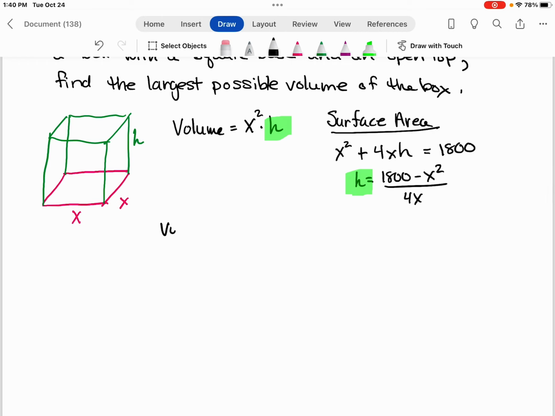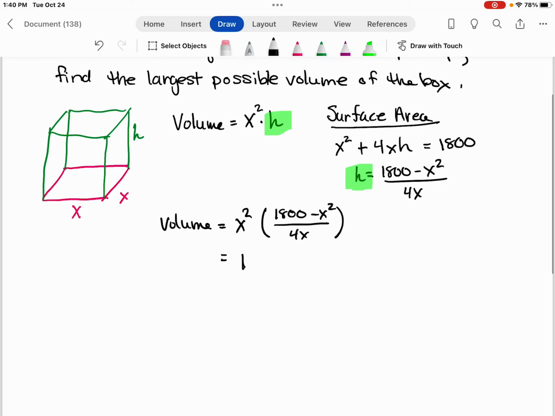So I have the volume is equal to x squared, and then substituting h, I get 1800 minus x squared all over 4x. I'm going to simplify this a bit. I am going to multiply through by x squared, so I have 1800 x squared minus x to the 4th when I distribute the x squared all over 4x.